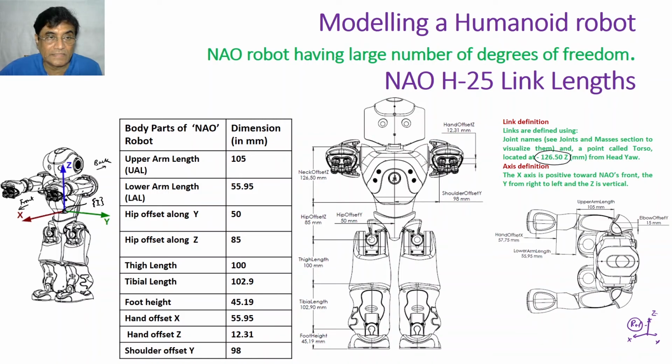And with respect to this, you can have all the relations of head, arm, leg, everything with respect to this, and this with respect to this. So ultimately, you can control NAO's motion. You can even solve the simultaneous localization and mapping problem for NAO. All these things you can do.